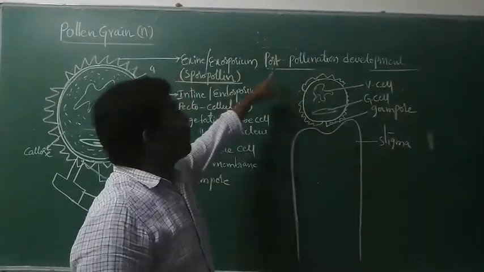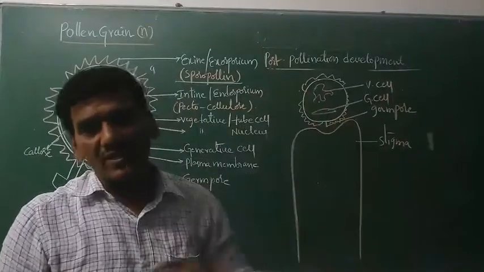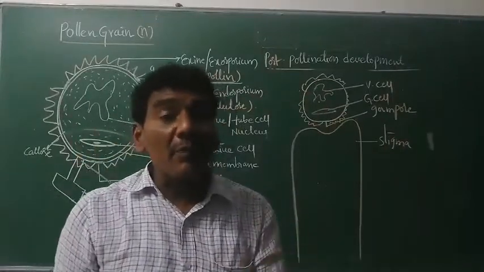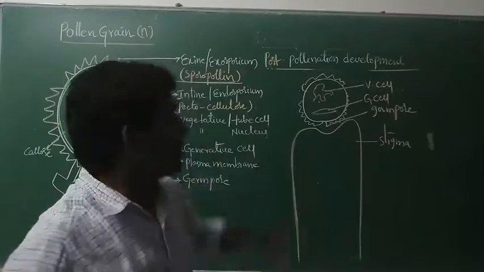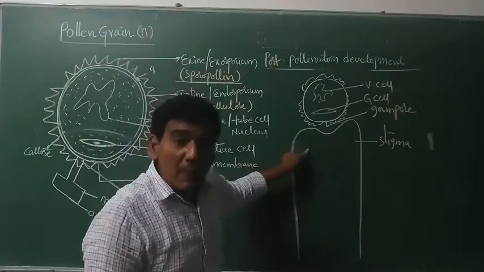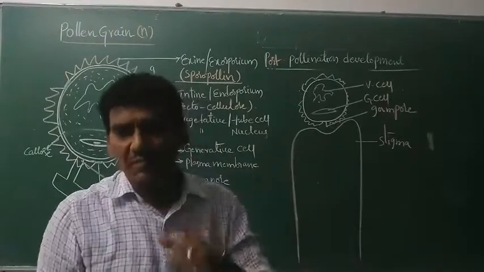Next is post-pollination development. Further development of the pollen grain takes place on the stigma of the carpel after pollination.